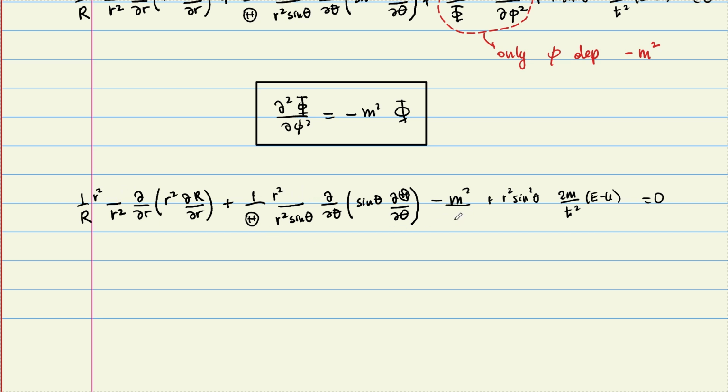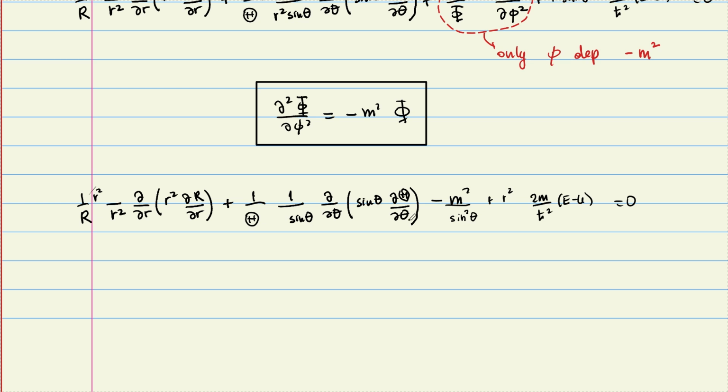There will be a sine squared theta here, and this one is going to go. Good. Now it seems like I have something with r. Okay, these r's are also gone, which is nice. There's no r, there's no r, there's only r.